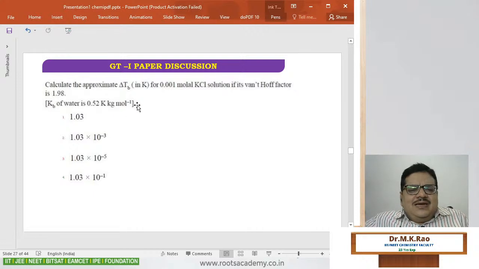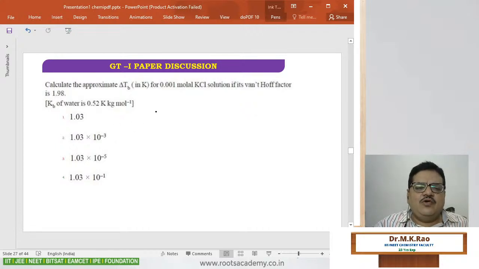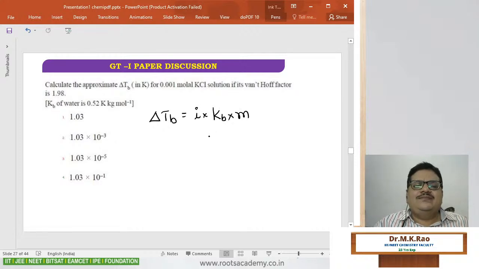Next, calculate the approximate delta TB of 0.001 molal KCl. The Van 't Hoff factor is given. We directly know the formula: delta TB is equal to i into Kb into molality. The i value for KCl, which gives K plus and Cl minus, would be 2.